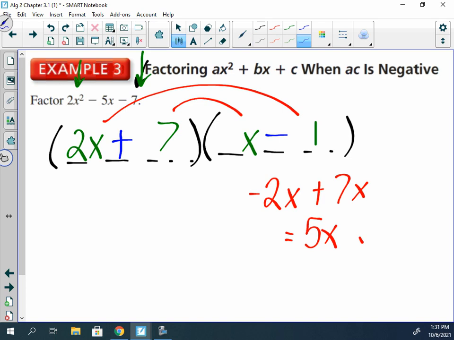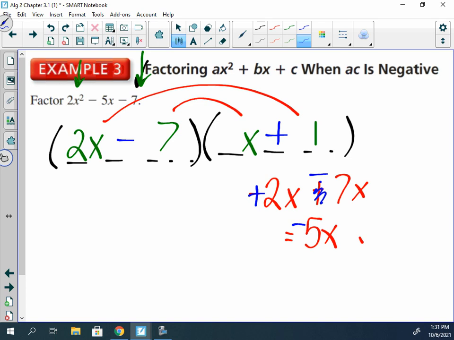So, since it is the correct number, yes, but the wrong sign, it's an easy fix, because we can change the signs. Now it'd be 2x times 1, which would be a positive 2x, yes? Negative 7 times x would not be positive, it would be negative, which now makes this negative.